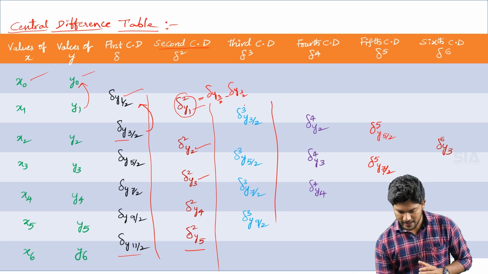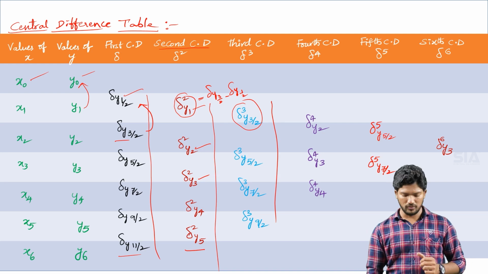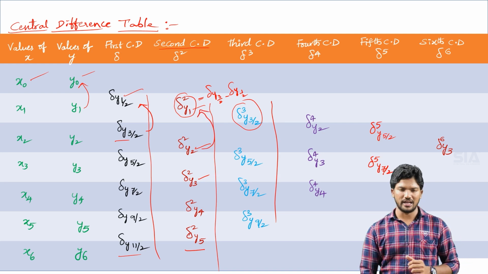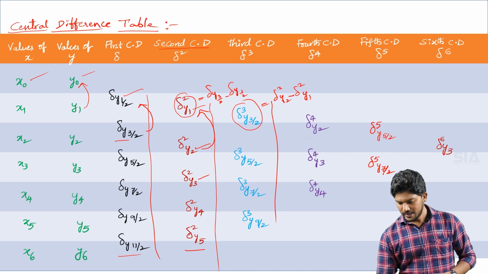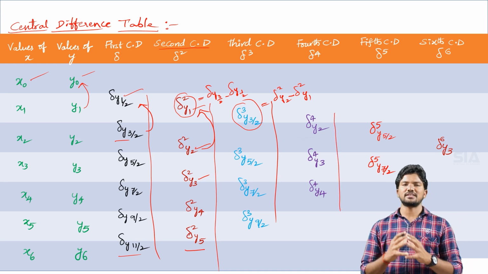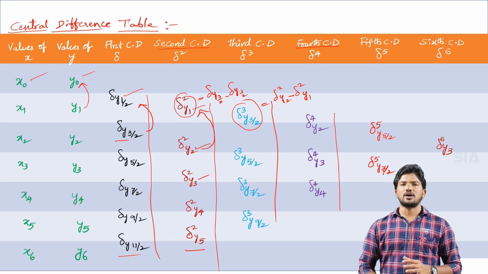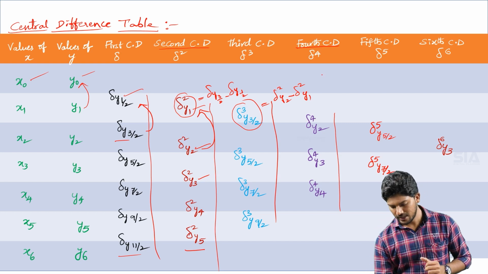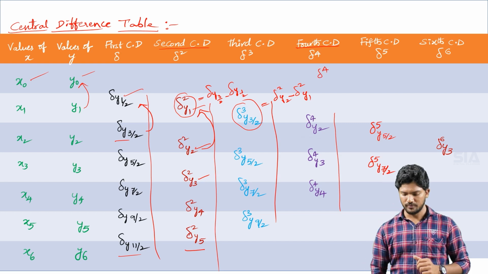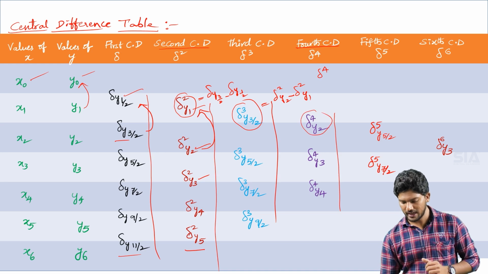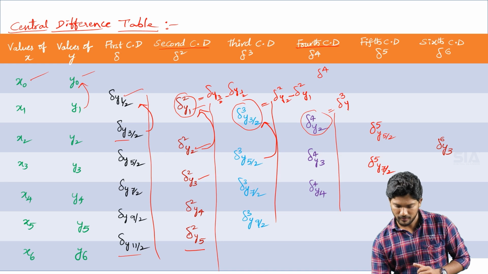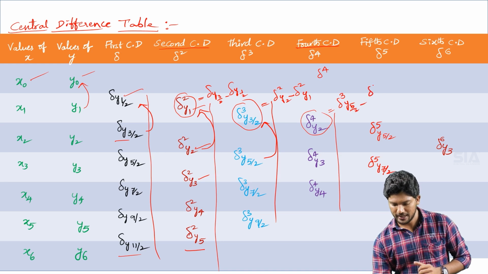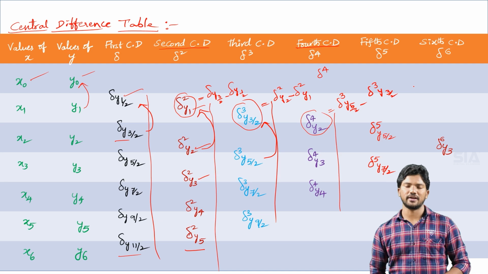Here the delta cube y 3/2 value we write as the subtraction of these two values, that is delta square y2 minus delta square y1. Now this column represents the fourth central difference operator, denoted as small delta power 4. This first value we write as the subtraction of these two values, that is delta power 3 y 5/2 minus delta power 3 y 3/2.